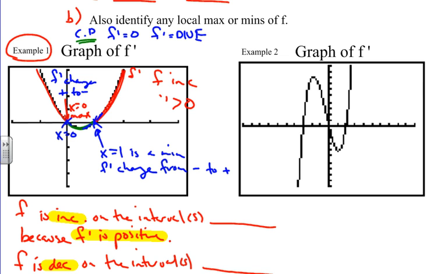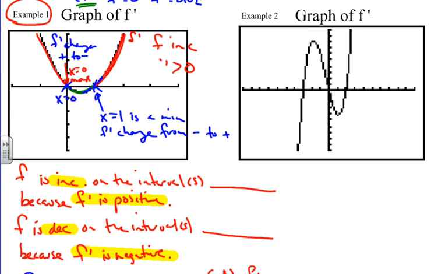If we look at example number 2, we can identify some similar things. Looking at this graph, where are we going to have increasing and decreasing intervals? Well, once again, for increasing, F prime has to be positive. So where is F prime positive?